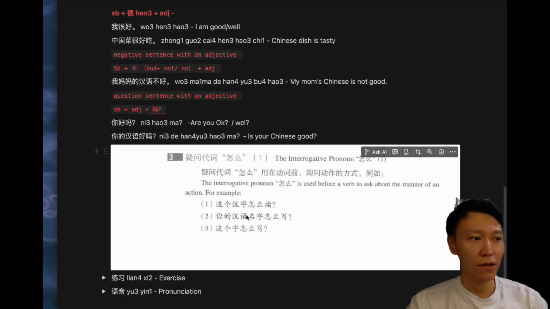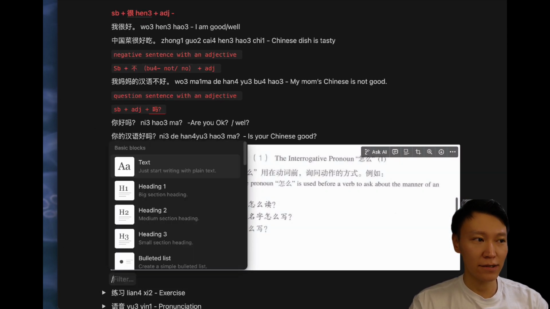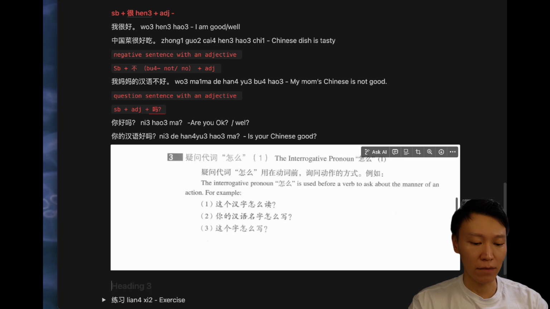And then we have the third one, that is 怎么. I also talked about it when I was explaining the texts. 怎么 means how to do something. That is why usually after 怎么 we can use a verb, how to do it.